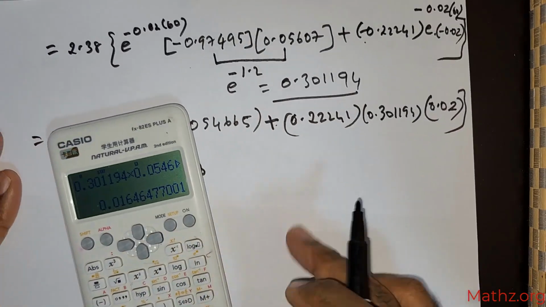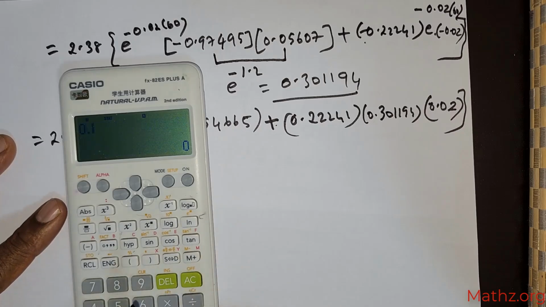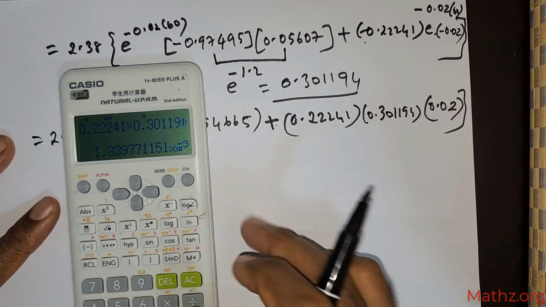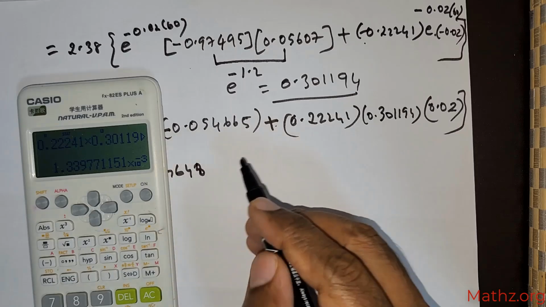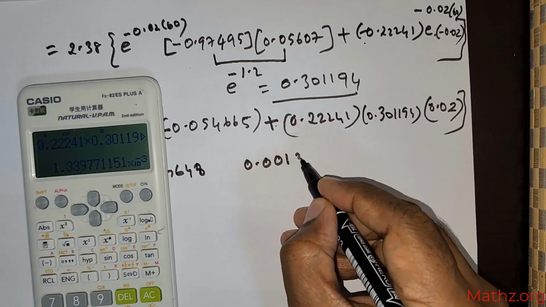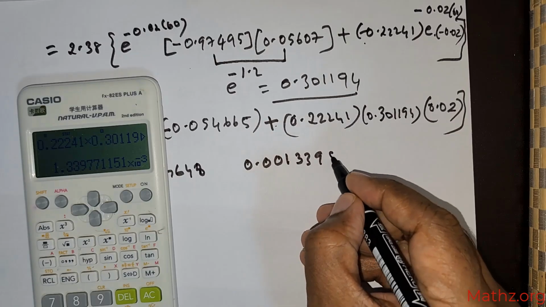And this multiplication, what is it? 0.22241 multiplied with 0.301194 multiplied with 0.02. So what do we get? We are having 10 to the power of minus 3. So it's going to be 0.00133398.